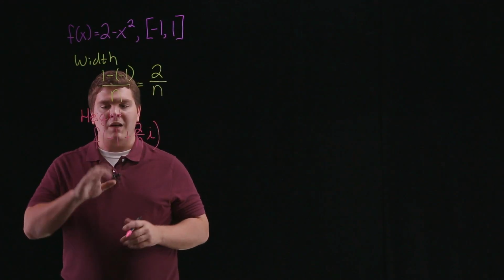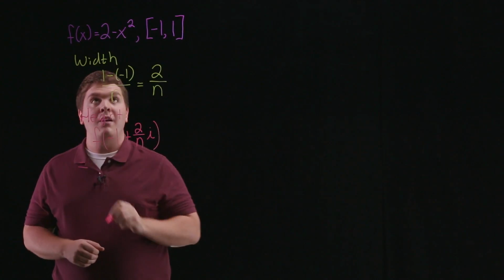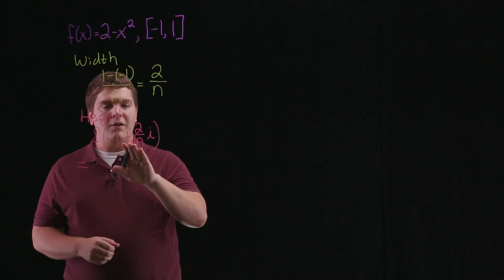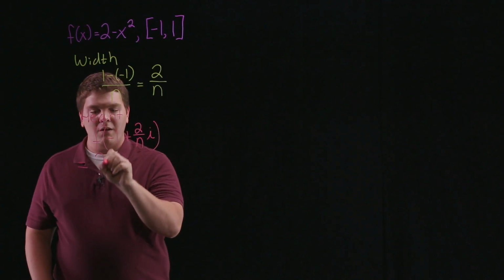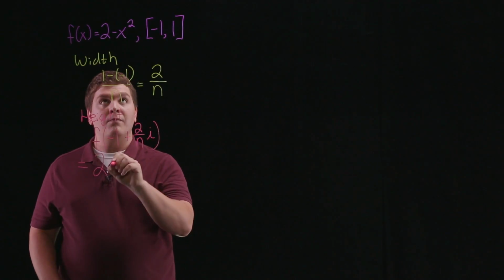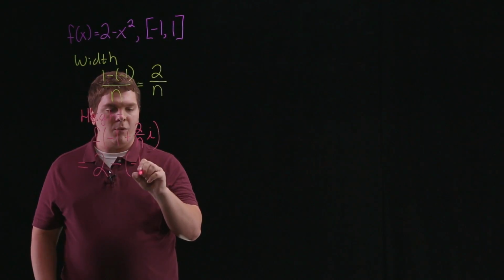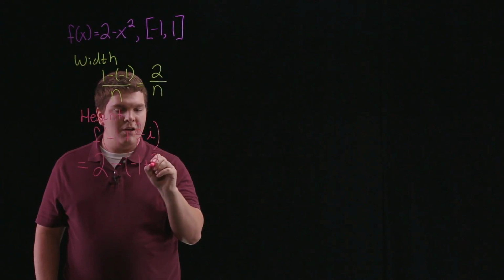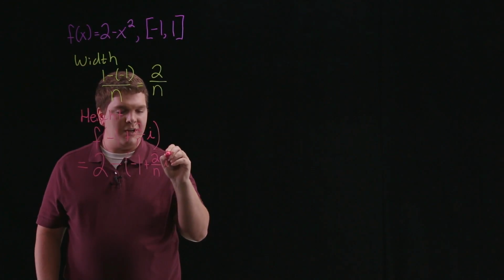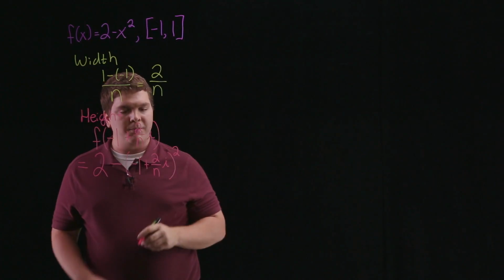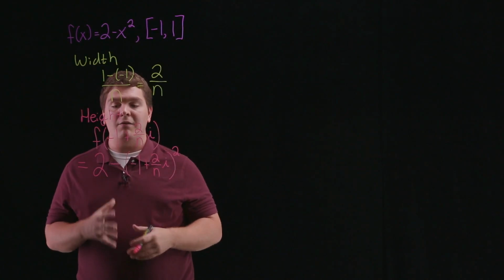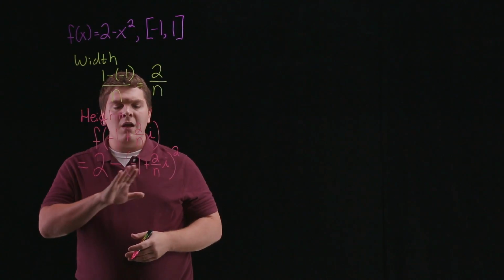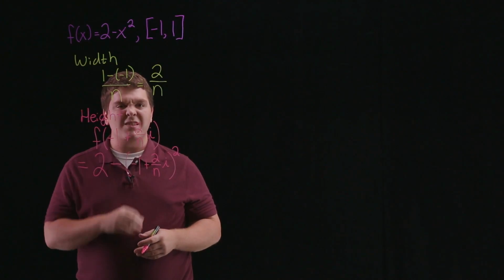So for the sake of space, I'm going to come right underneath it. I just want to plug -1 plus 2 divided by n times i into our function. So this is going to be 2 minus (-1 plus 2 divided by n times i), this quantity squared. Again, we can go right from here into writing down the formula for the area using limits, but let's take another minute or two just to simplify this.